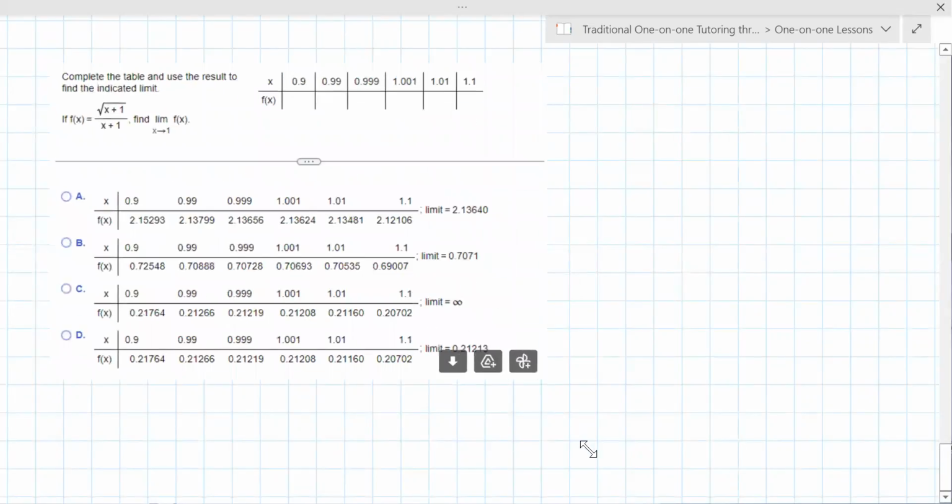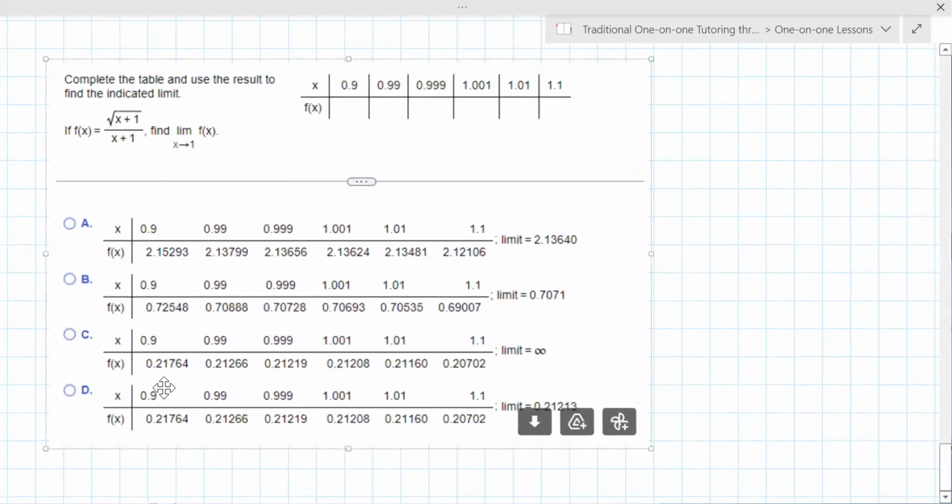So this one here, what are they doing? They're actually giving you the answers. I think when we did this, we had to fill in the table. They're just taking 0.9 and plugging it into the function on the left, so this is just a calculator problem.